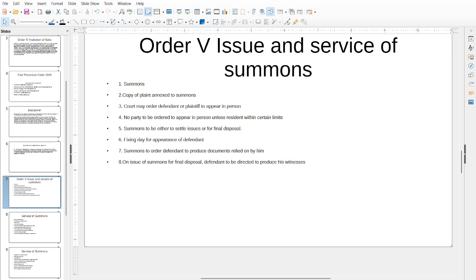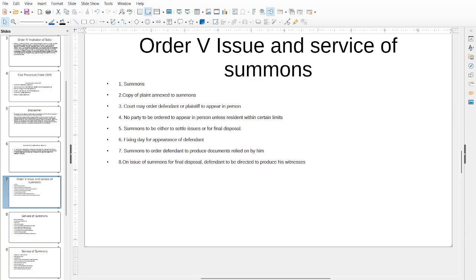They would be given 90 days of time so he can come and give the written statement. If he's still not filing a written statement even after 90 days, then reasons need to be recorded. Even after 30 days the reason needs to be recorded.